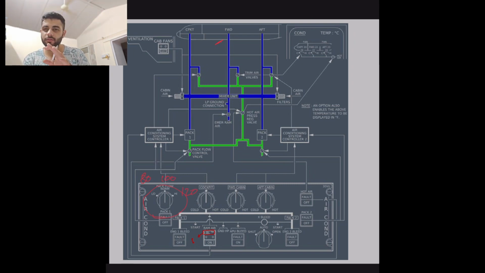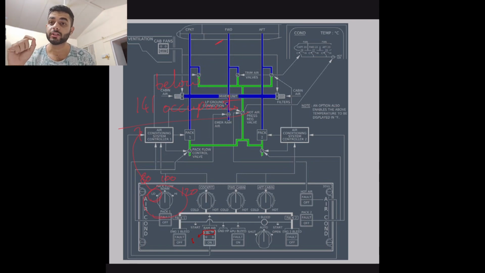Now the trick these guys do is, we have 140 passengers on board. What would be the pack flow selection? Everybody will say passengers on board is 140, so pack flow selection is going to be low, because the FCOM says below 141 occupants, you can set it on low.